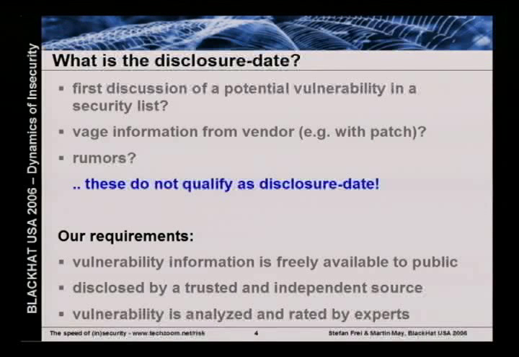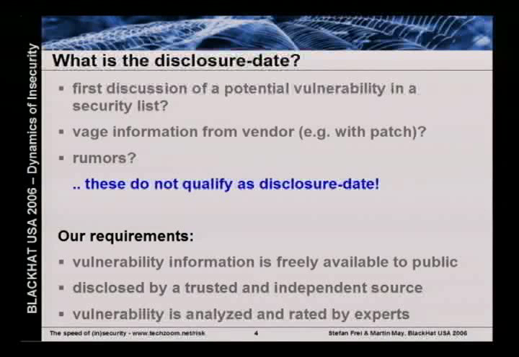Then the information has to be disclosed by a trusted and independent source. Independent means that if a vendor tells somebody, he is probably biased toward his own products. And trusted means that the organization providing this information has earned trust in the community or in the industry.